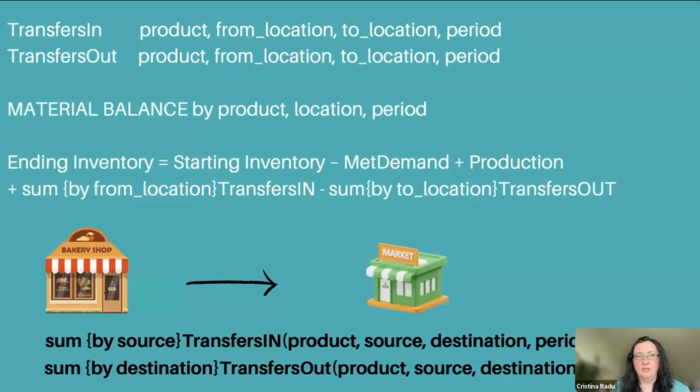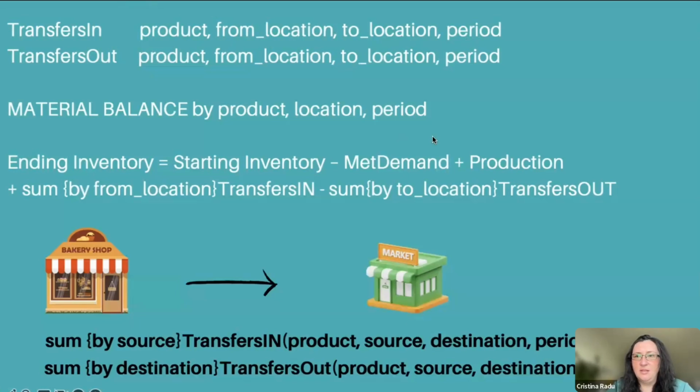But then you also want the solver to see if you have further space to move stock across your locations. So those are transfers in and transfers out. Here their dimensionality is by product, from location to location, and period.